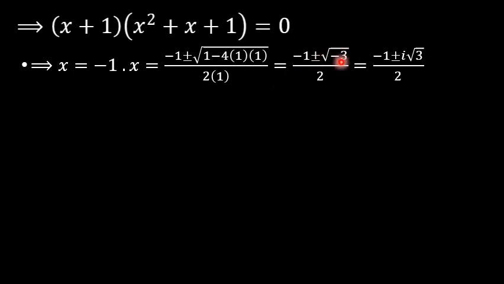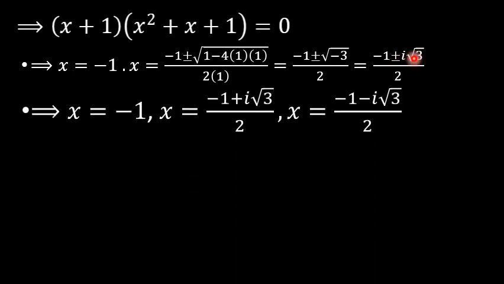So square root of minus 3 is nothing but i root 3. So x is equal to minus 1 plus or minus i root 3 divided by 2. Therefore, for the given cubic equation, we got three roots, which is x equals minus 1 and x is equal to minus 1 plus or minus i root 3 divided by 2.